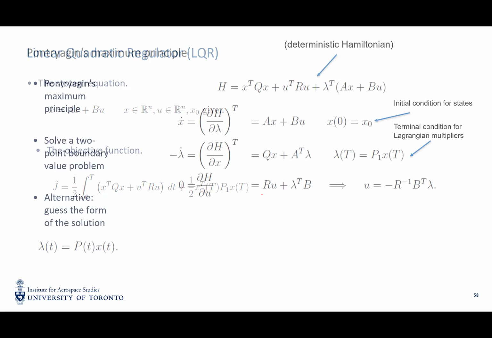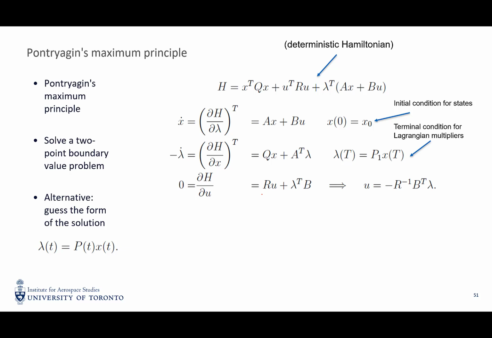The way to do this is to apply Pontryagin's maximum principle. I won't go through too much detail, but here I listed the major steps. The first step is that we construct something called a deterministic Hamiltonian.